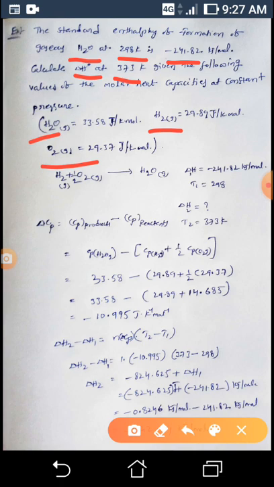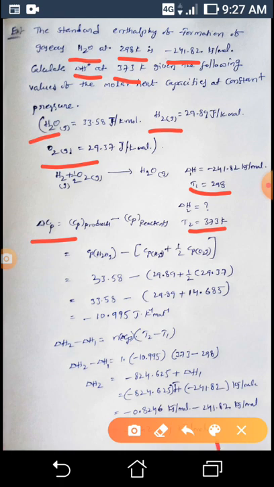Here ΔH1 equals minus 241.82 kilojoule per mole at 298 Kelvin. We find the enthalpy of the reaction at 373 Kelvin. For this we calculate ΔCp, Cp of products minus Cp of reactants.